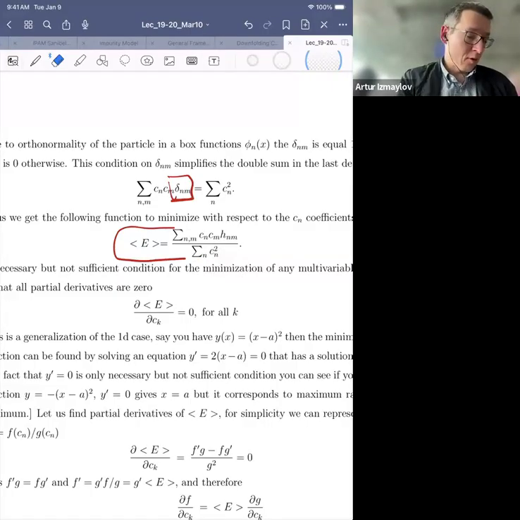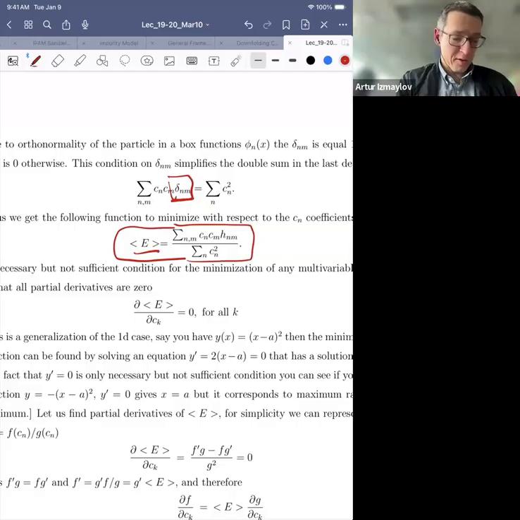Right. So now, in order to find a minimum of this expression as a function of the coefficients, we simply write that we need to find the derivative with respect to every coefficient for all k, and we equate that derivative to 0.